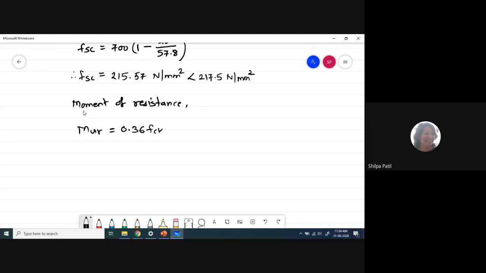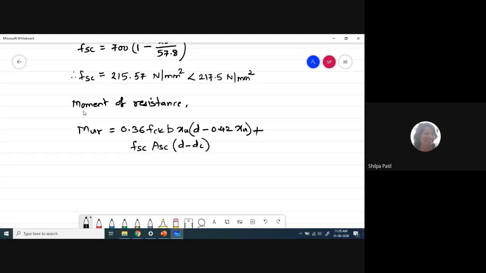0.36 FCK B into XU, am I right? Into bracket D minus 0.42 XU plus, what is the formula? Tell me. FSC into ASC in bracket D minus DC.